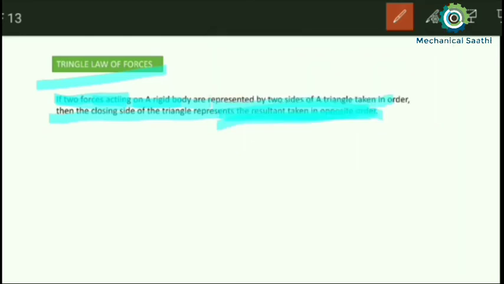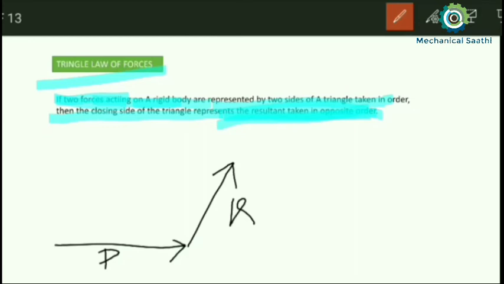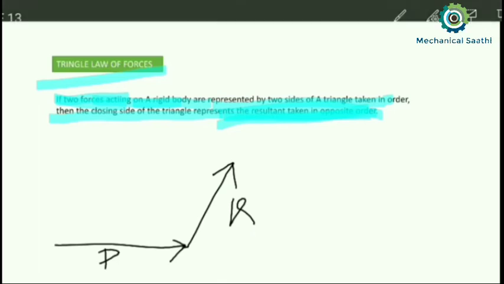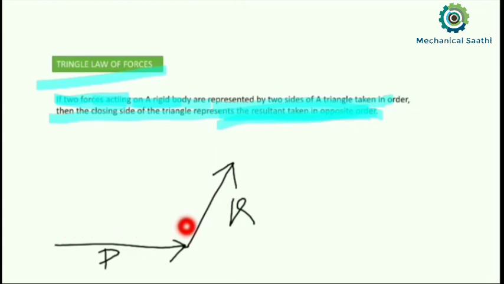Let me draw some figures so that you can understand it easily. If two forces are acting on a rigid body and represented by two sides of a triangle, suppose this is a force with magnitude P, and there is another force with magnitude Q. Taken in order means this is the direction of P and this is the direction of Q. So if P is in this direction, then from where P ends, from that point Q starts and moves forward.